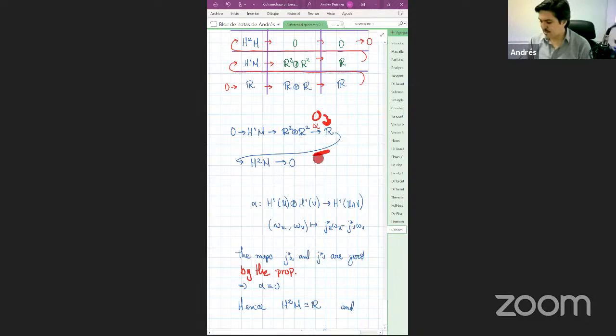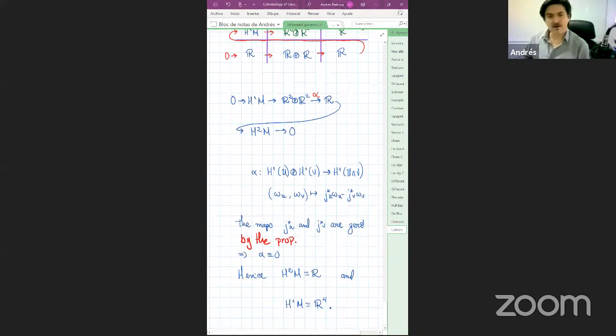So this map is a linear isomorphism, and H2 is equal to R. And also, because I have a 0 there, this map is also an isomorphism. That linear map is an isomorphism, and so H1 of M is R4.